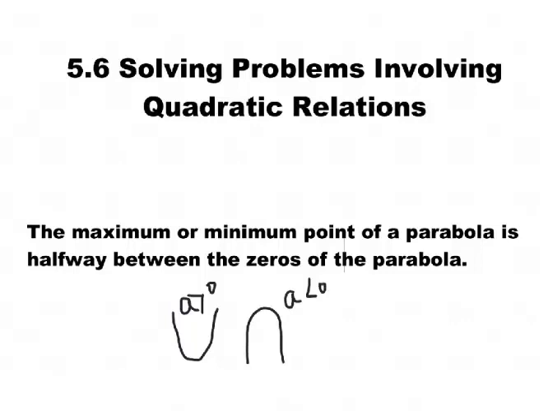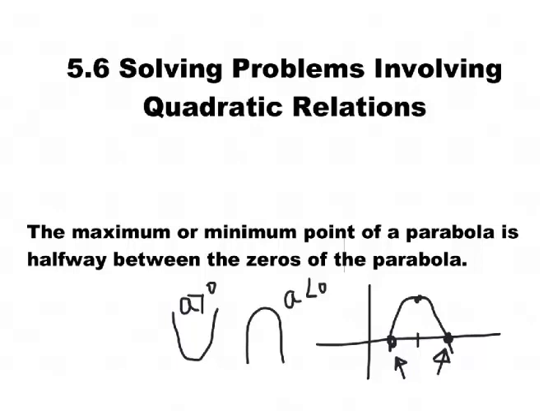The other thing that we talked about are the x-intercepts or the zeros of a quadratic relation. If you plot a quadratic relation, the zeros are the points where the graph crosses the x-axis. If you take these two x-intercepts and find the average, the point is going to be right in the middle of the two, which corresponds to the x-coordinate of the maximum or minimum, which we call the vertex.